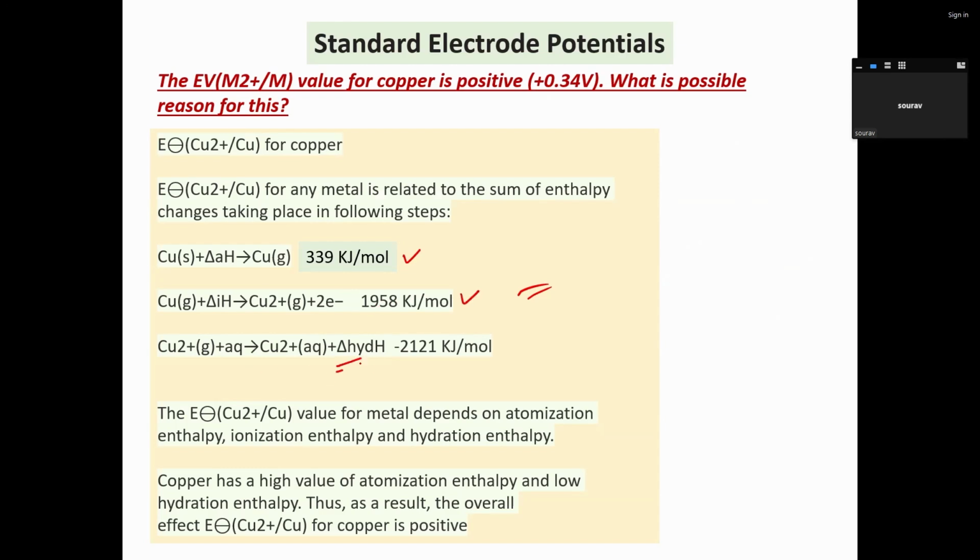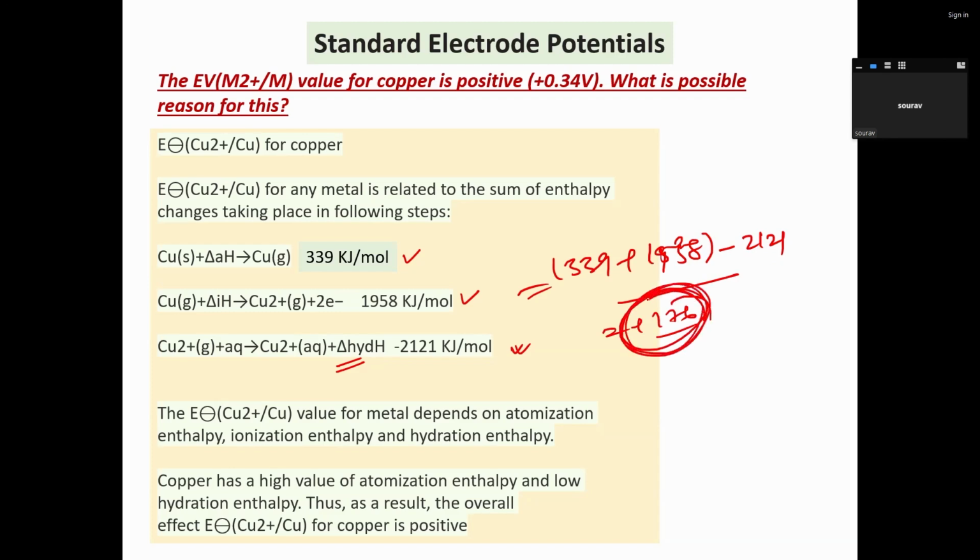But the hydration enthalpy value is negative because it is exothermic. Whether the electrode potential value will be positive or negative is calculated from the net value. The net value is 339 plus 1958 minus 2121. This value will be a positive, around 176.